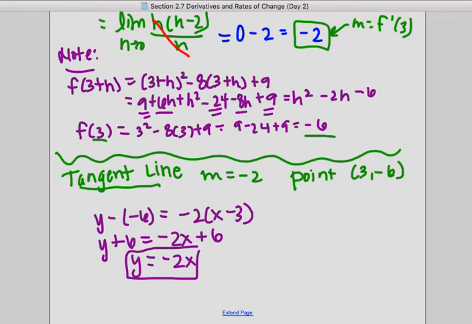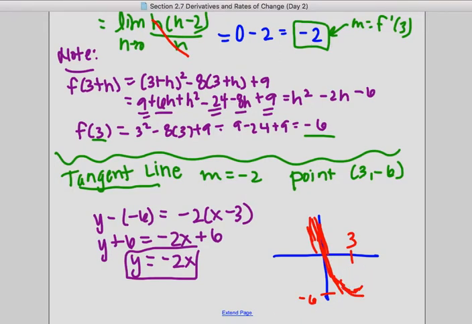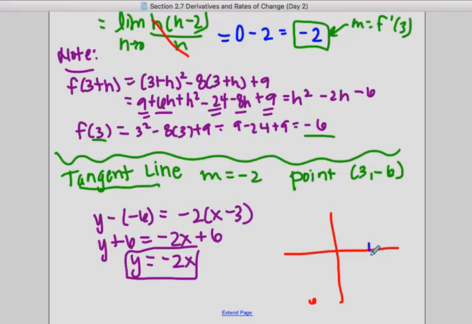I gotta go through the point 3, negative 6. It's opening up. We have a y-intercept of 9, so it's pretty steep. Sorry, my parabola is not super great. Okay, third time's the charm. 3, negative 6.